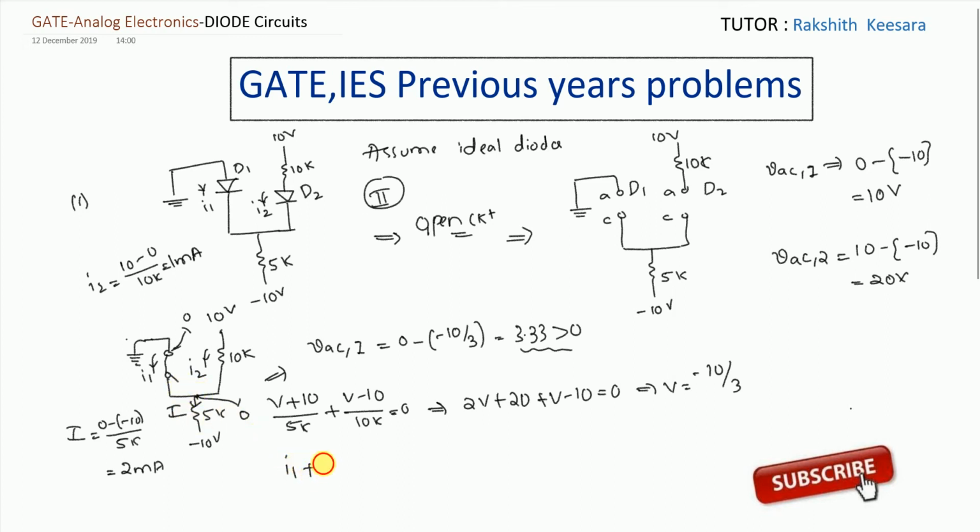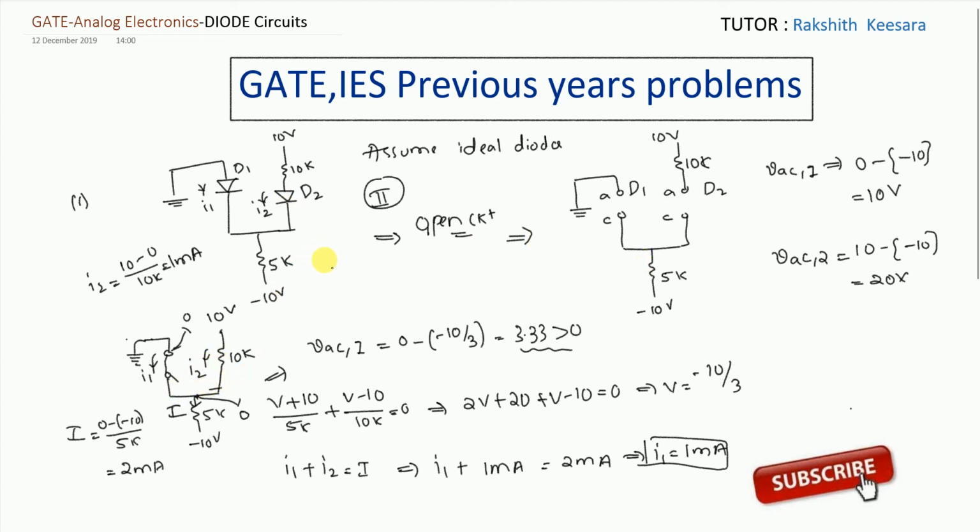I1 plus I2 equal to I. From this, I1 plus I2 is, I is 2 milliampere, I2 is 1 milliampere. So, I1 equal to 1 milliampere. Is this okay, guys? I am finding the states of the diode and then applying simple network concepts.